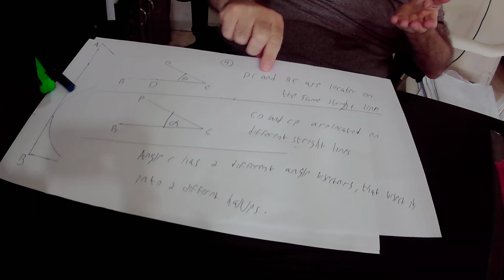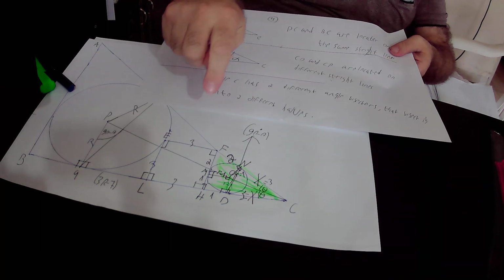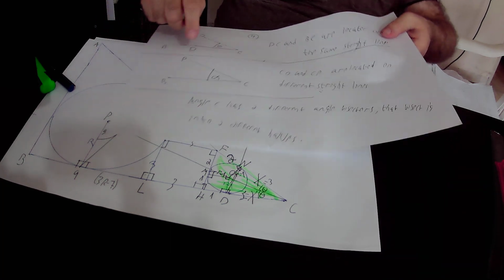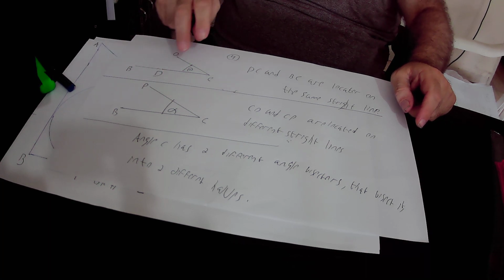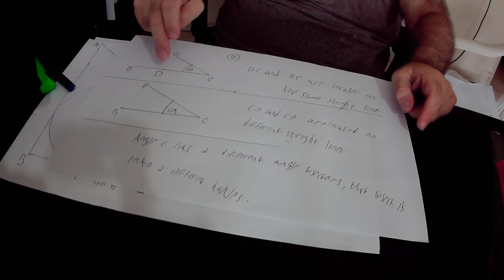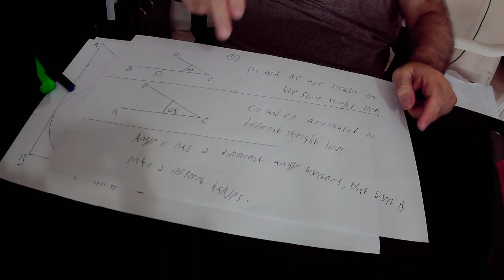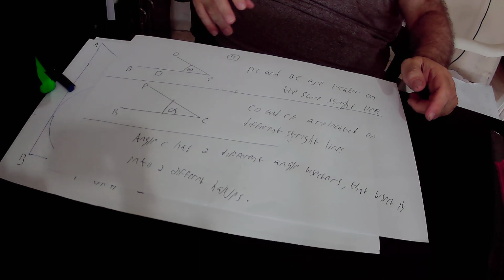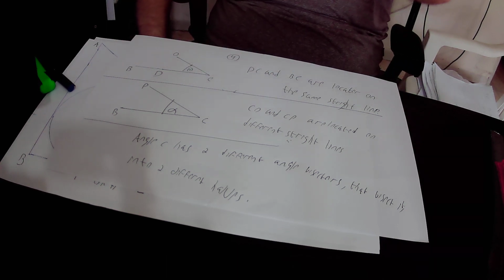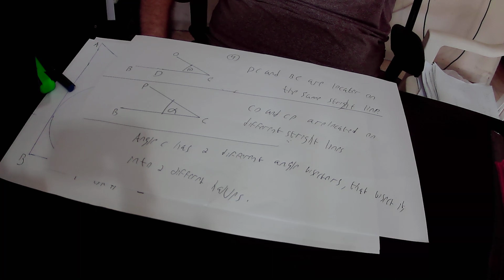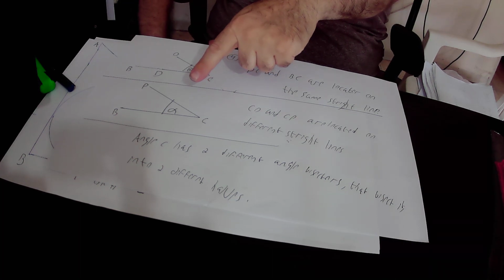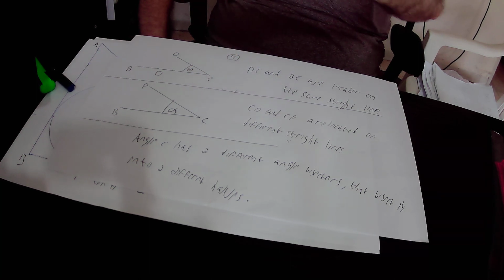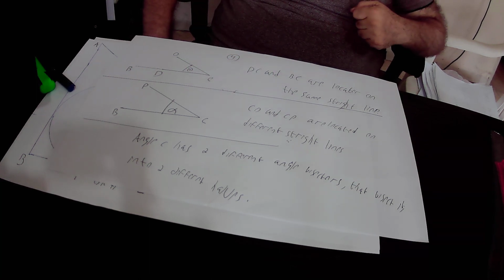But according to our assumption, CO doesn't pass through point P, therefore those two legs, CO and PC, are located on different straight lines, and therefore those two angles are different angles. They can never be equal to each other. So if this angle is theta, this angle is alpha, and alpha is not equal to theta.